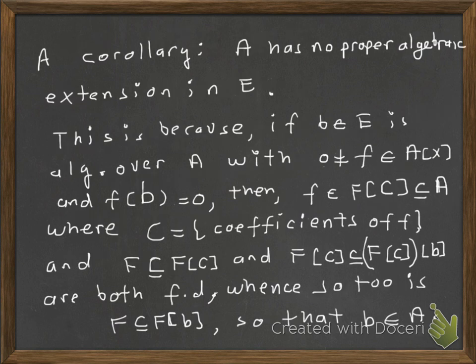Here's why. You take an element B of E, which is assumed to be algebraic over A. That means there's a non-zero polynomial f with coefficients coming from A, and with B as its root. Okay? Now, let C be the set of all coefficients of f in A. Note that it's a finite set of elements, each of which is algebraic over F by definition.